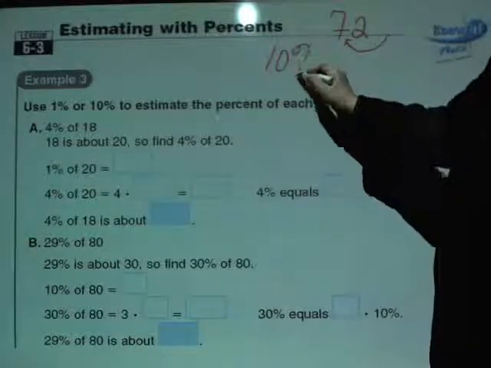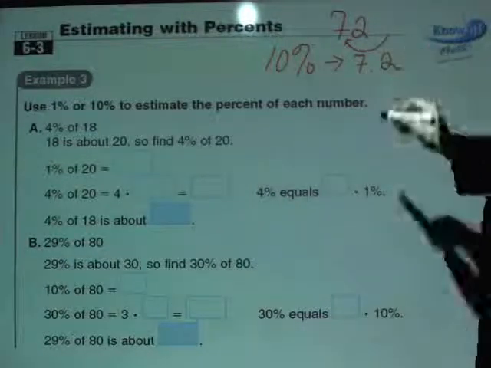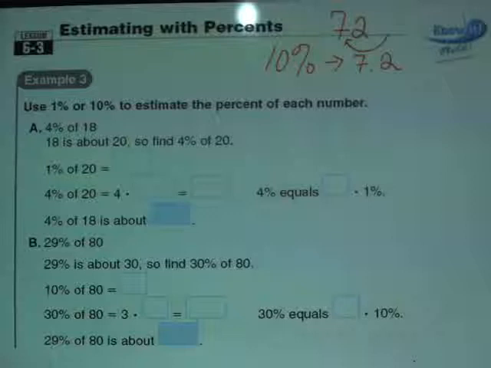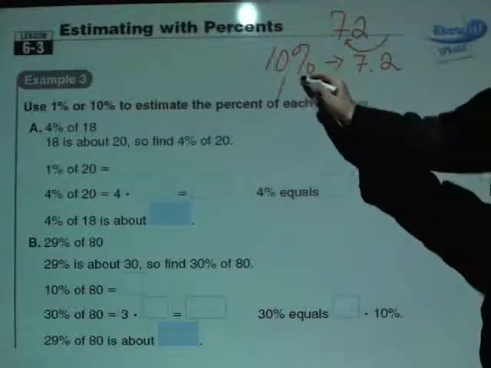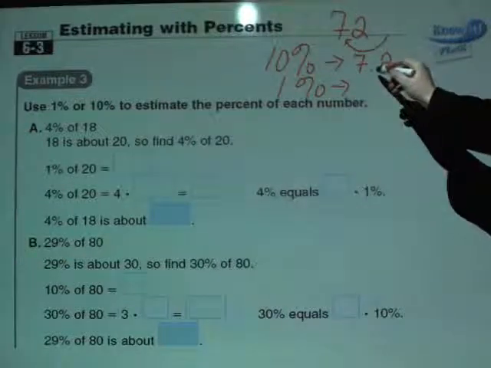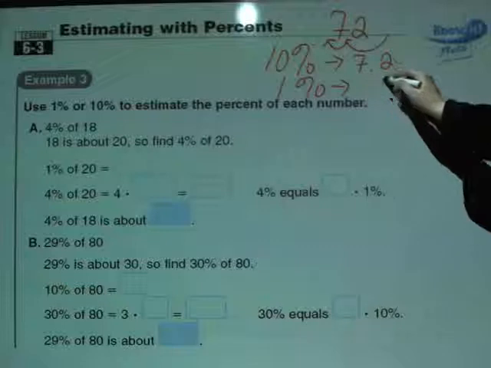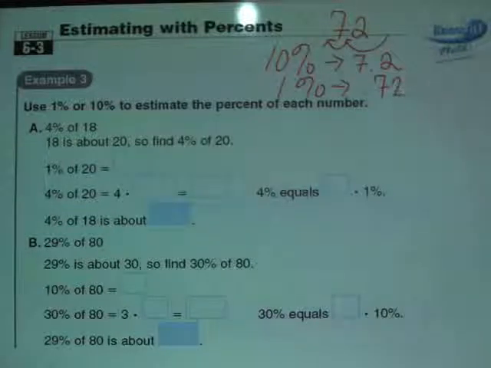So 10% of 72 would be 7.2. All right. Then the other thing they talk about here is finding 1%. Well, to find 1%, all you have to do is move the decimal in another time. So on 7.2, if I move the decimal in another time, now I'm going to end up with 0.72.